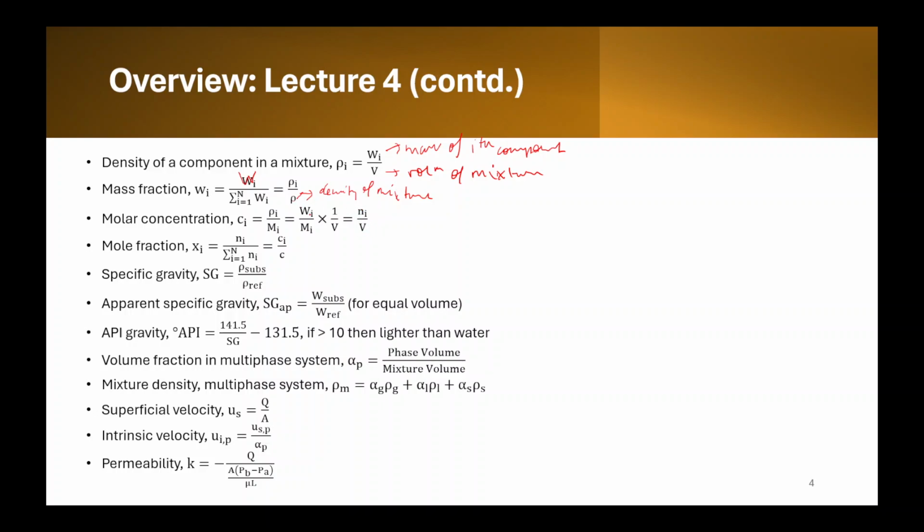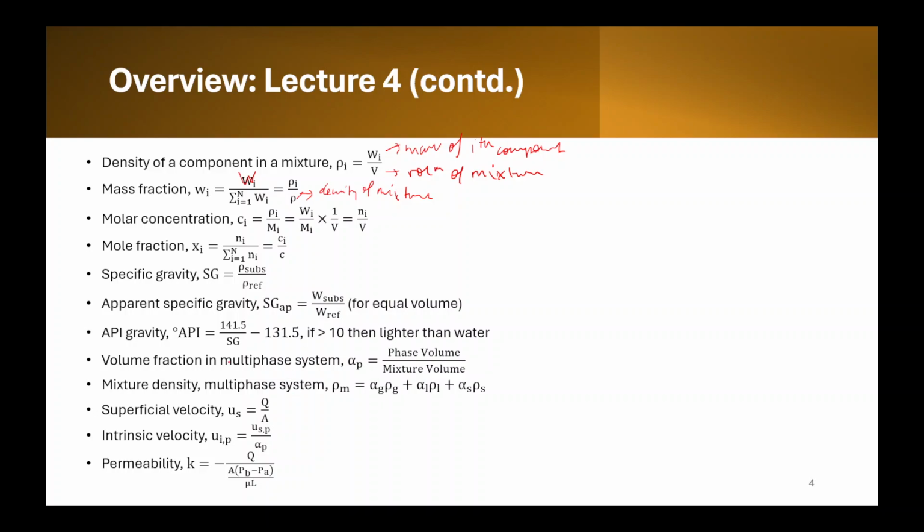The moles are the weight of the ith component upon the molecular weight of the ith component. The weight of the ith component upon the volume of the mixture gives us rho_i. So rho_i by M_i will be the molar concentration. What will be the mole fraction? Mole fraction will be the moles of the ith component upon the total moles, or it can be C_i by C.